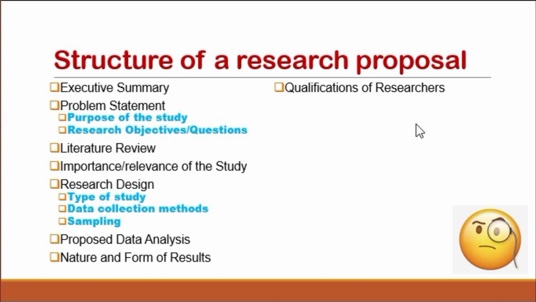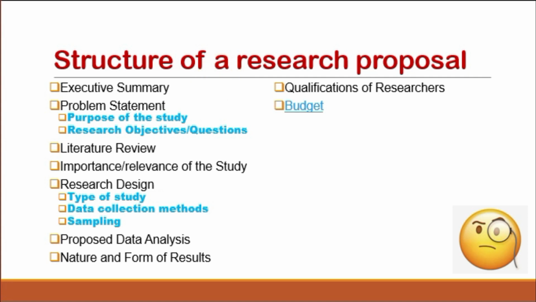Keep in mind that the structure that we are discussing right now is comprehensive. Often some of the portions may be missing, as we will see in later slides, since some research proposals are quite elaborate and some are quite concise depending upon the type and the scope of a research proposal.